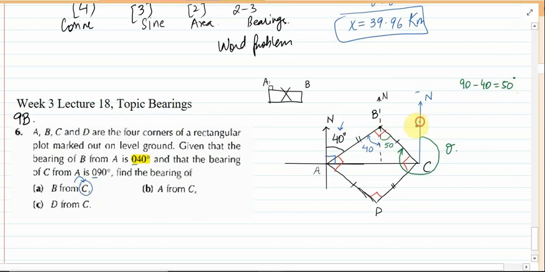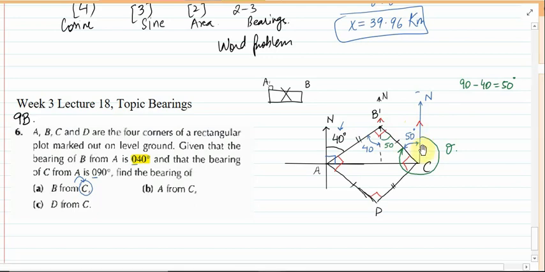Again with the concept of parallel lines, we need to identify another Z, and that Z lies here. You can see it is a Z. Now that we made a Z, this angle is also 50 degrees. Now we can identify the bearing easily.